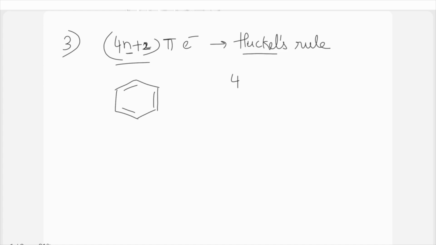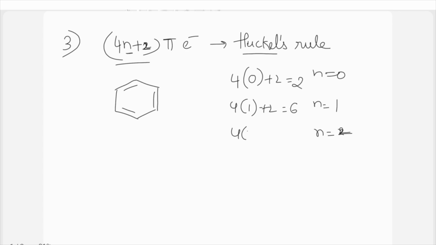If the n value is equal to 0, then 4 into 0 plus 2 is equal to 2. If the n value is equal to 1, then 4 into 1 plus 2 is equal to 6. If the n value is 2, then 4 into 2 plus 2 is equal to 10.